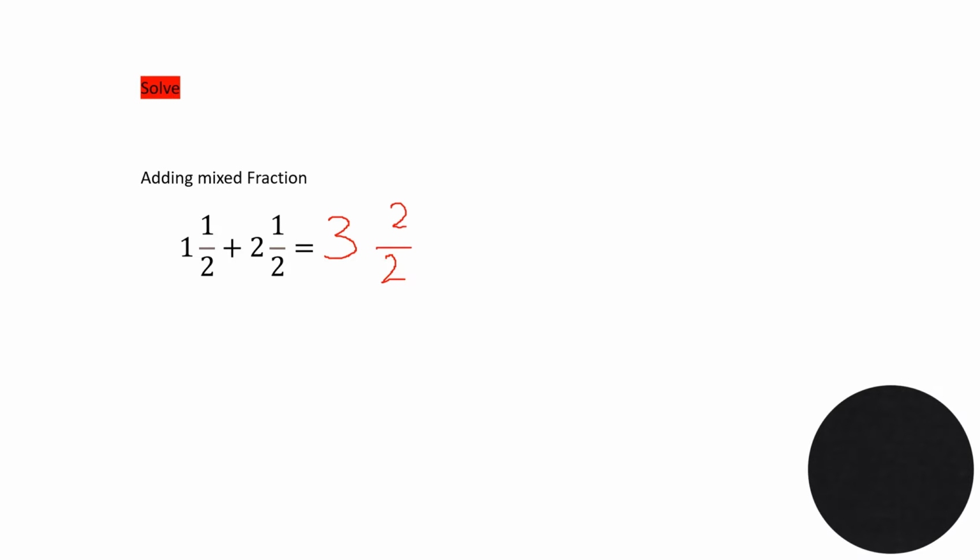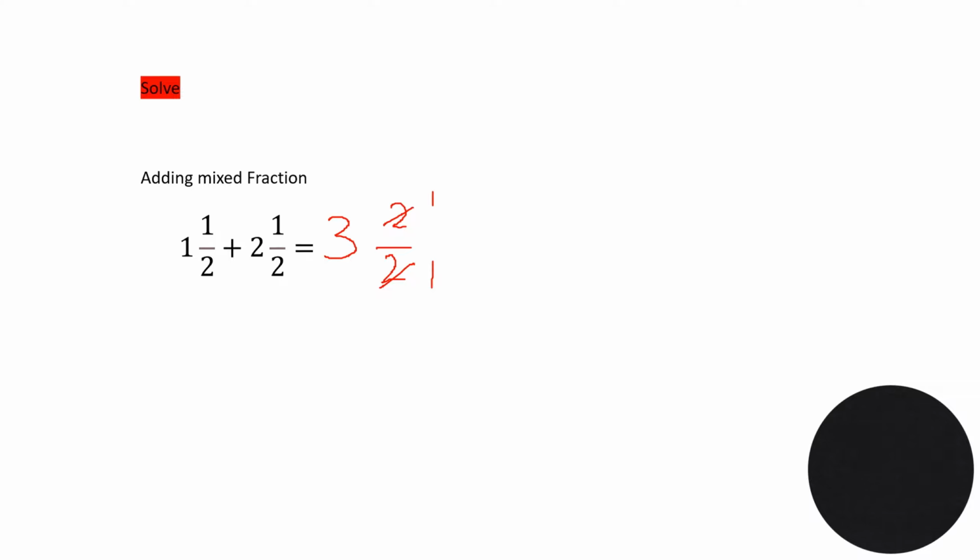So remember, guys, I told you that whenever the numerator and the denominator are the same, you can cancel. So here you can cancel 2 into itself one time, 2 into itself one time. So here, guys, you realize that you have the 3 as a whole number and also 1 as a whole number. We have done something similar like this before, so this would be 1.